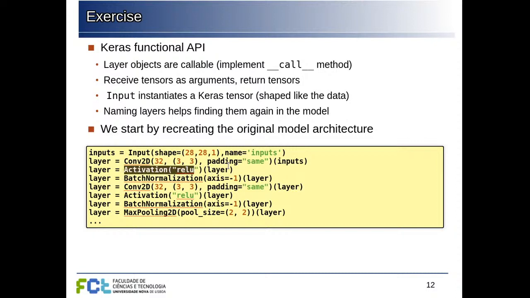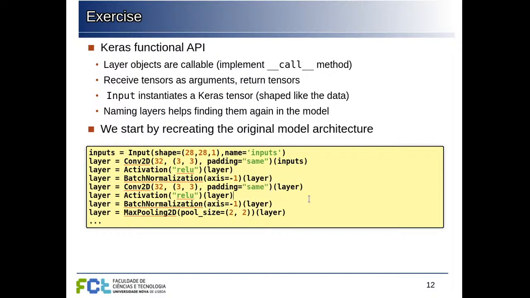And now we keep doing that. We have the activation that is going to operate on the output of this function, so the tensor coming out of this function. We are going to feed that into the activation object, and then we're going to feed the output of that function into the batch normalization, convolution 2D, and so on.